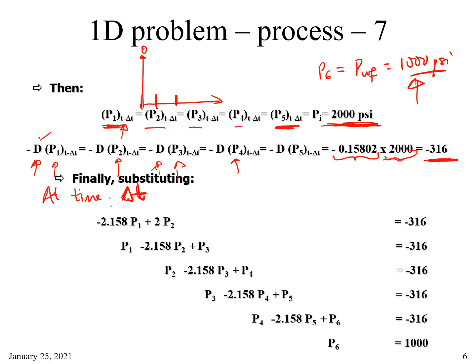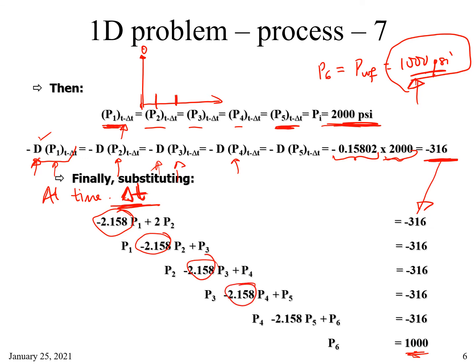The previous time before delta t was 0. So when you move forward one time step, all these guys are 316 as calculated here because they are all minus D times 2000, except P6, which I mentioned. It's 1000 psi. You see that here. And these are the D's, right? This minus D, which is 0.15802. And then in the next video, I'll show how we're going to be able to set up this system in matrix form.